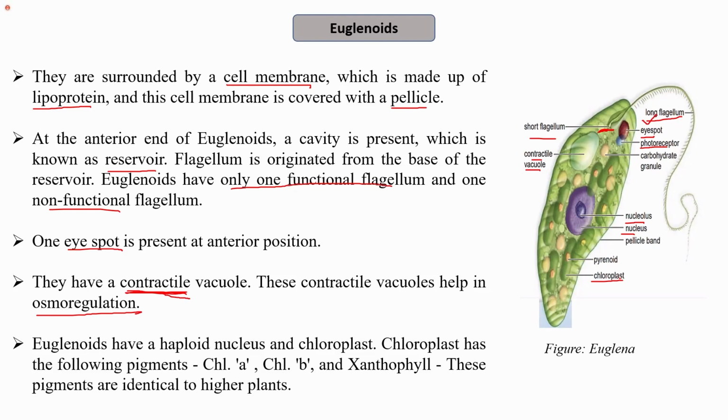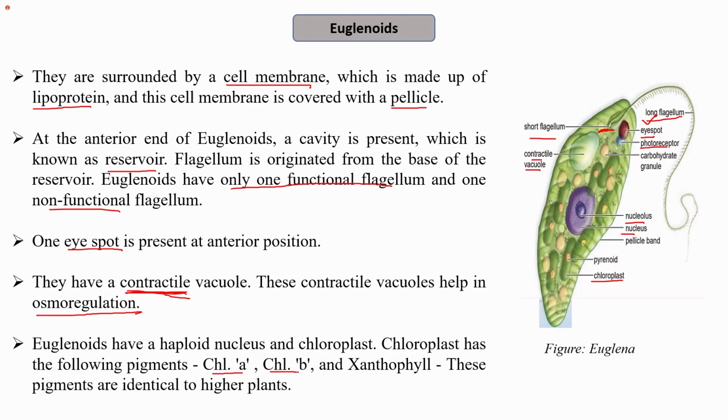People have also tried to keep them in the kingdom Animalia, but now we know that they are neither animals nor plants, but a separate group, and are now kept in the kingdom Protista. So in the chloroplast, the pigments present are chlorophyll A, which is similar to dinoflagellates and diatoms, and chlorophyll B, which is similar to higher plants.